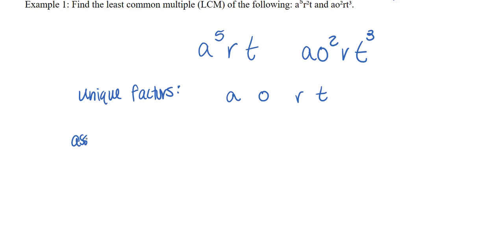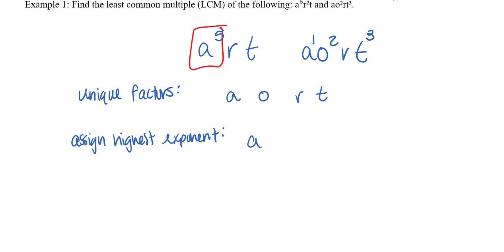Now we need to assign the highest exponent. We'll take the highest exponent. So if we look at a, let me rewrite this. We have a, this is really a to the 1. Which one of those two has a higher exponent? Well, it's going to be a to the fifth.